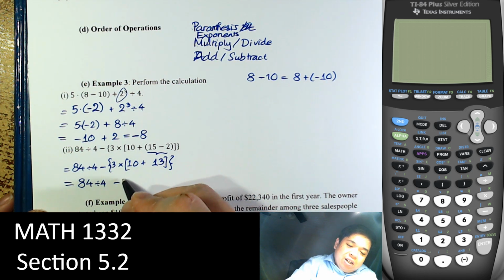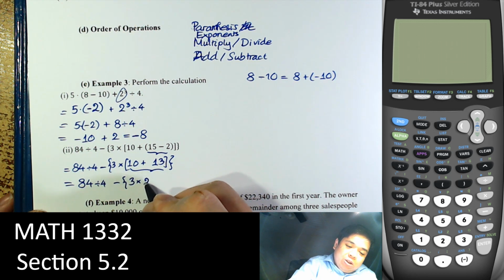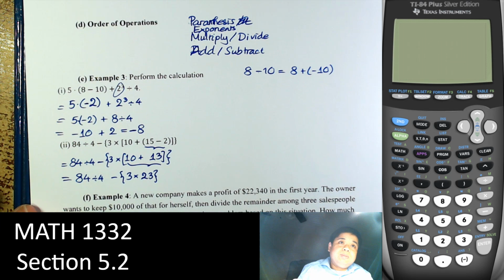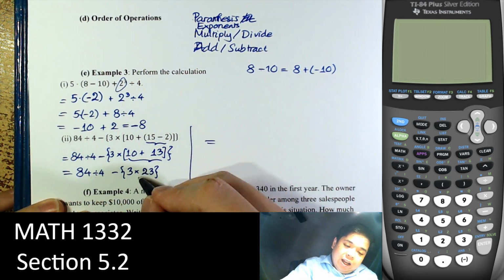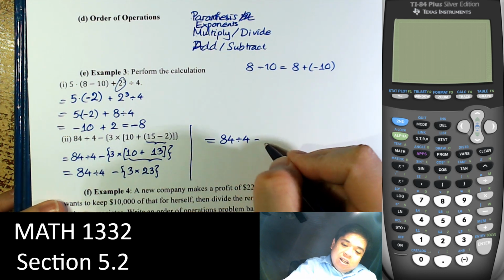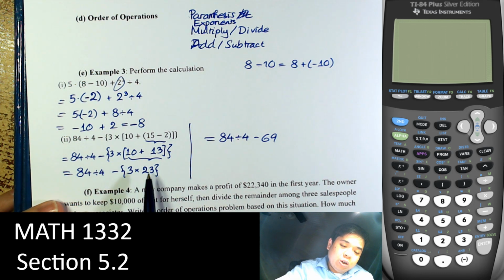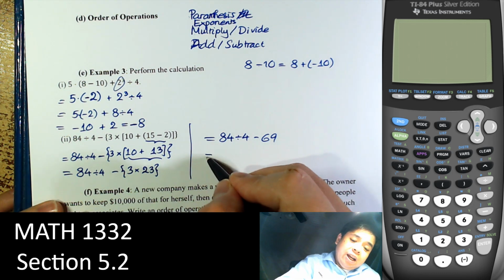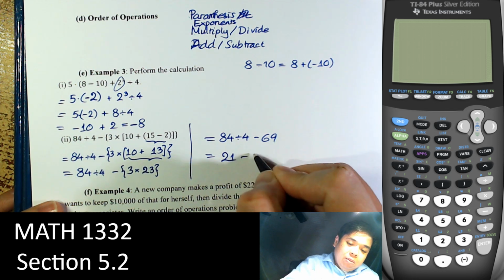Now we do the inside first. That's 23. And now in that bracket first. So always inside out. That's 69. 23 times 3. And now we multiply. 21 minus 69.